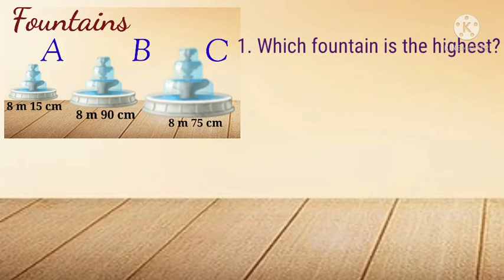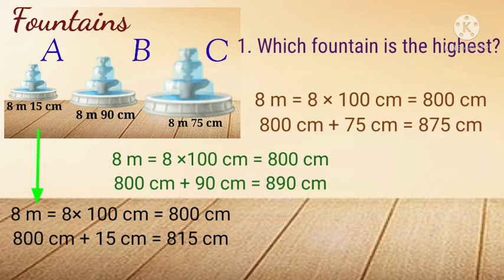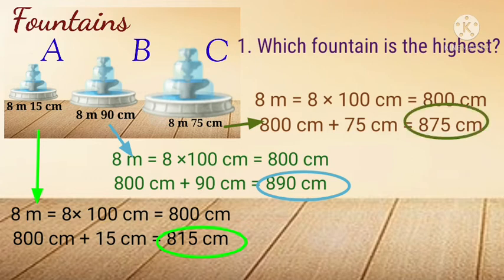Children, in order to find out the answer for the first question, let's convert all the given measurements into centimeters. If you convert 8 meters and 15 centimeters into centimeters, you will get 815 centimeters. Then, 8 meters and 90 centimeters will give 890 centimeters. 8 meters and 75 centimeters will give 875 centimeters.